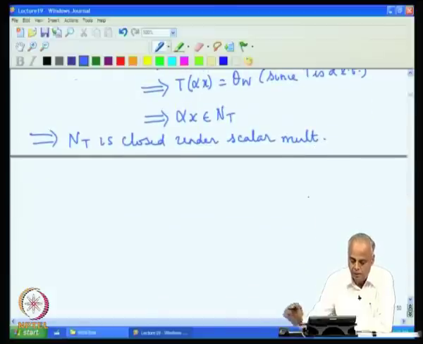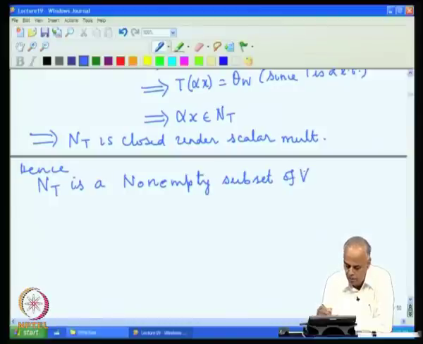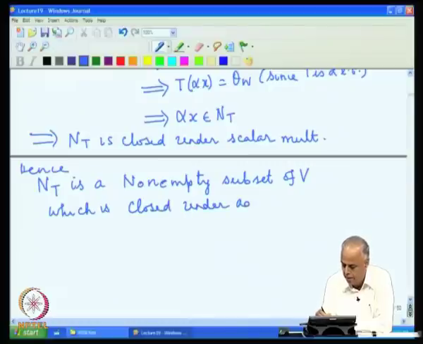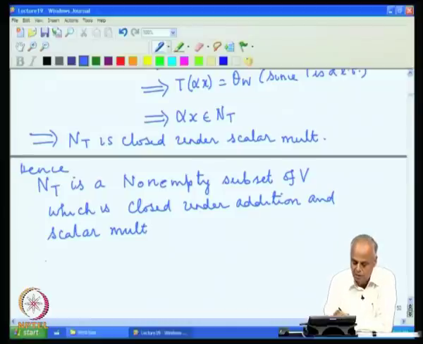Therefore, what are the various properties we observed? NT is first of all a non-empty subset of V which is closed under addition and scalar multiplication, and that makes it a subspace.